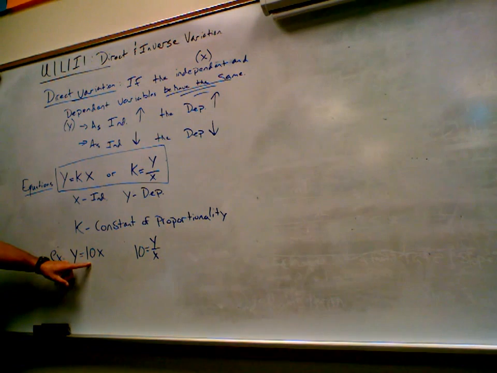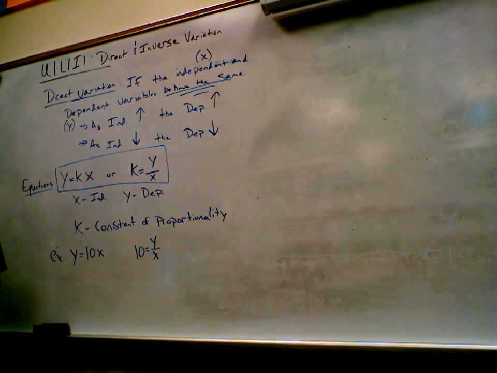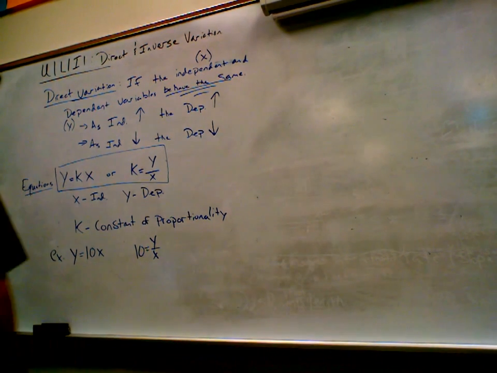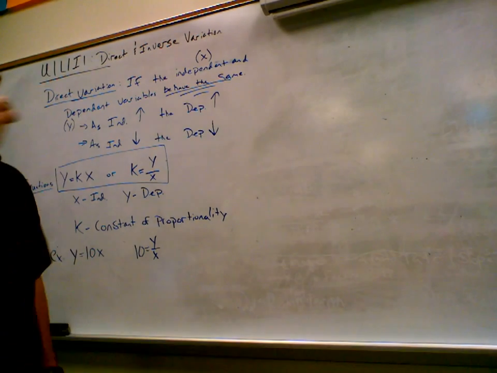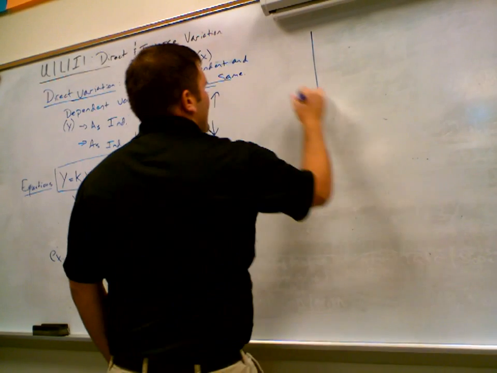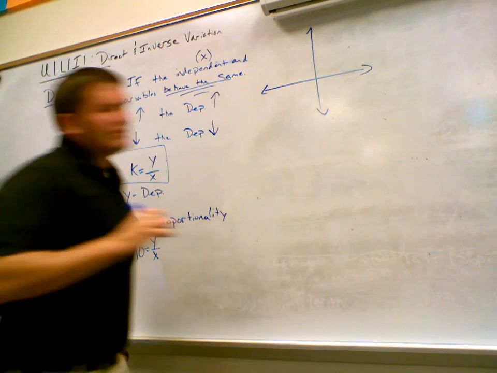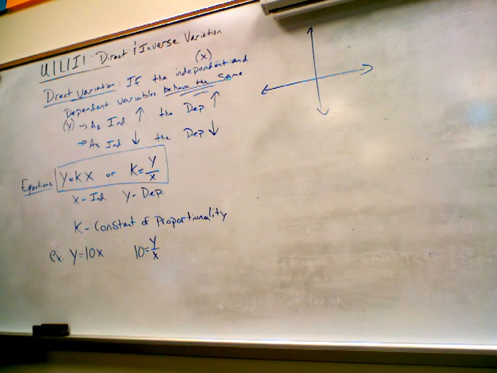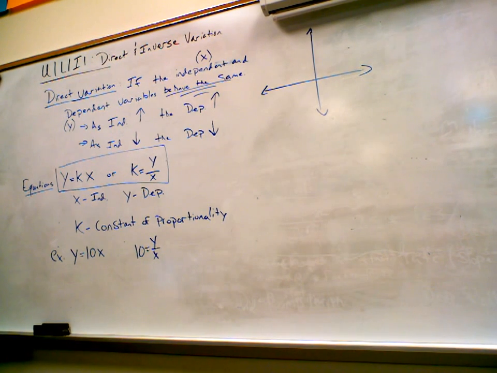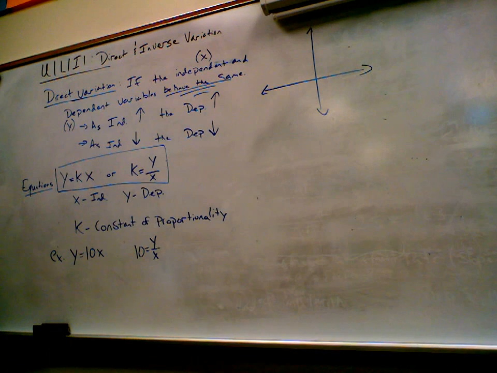Now, what would this graph look like? If I were to graph y equals 10x, what would the graph look like? It'd be a straight line. Where would it go through? It goes straight through the middle, right?